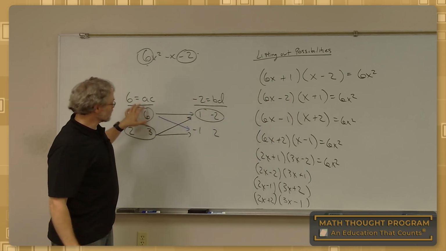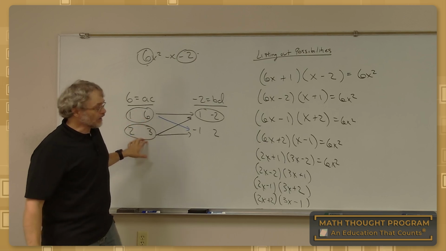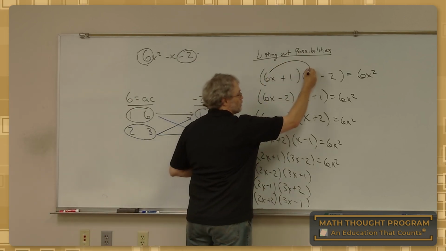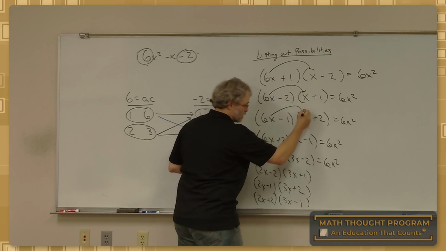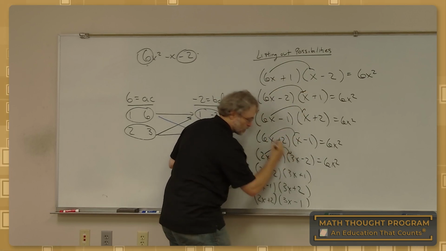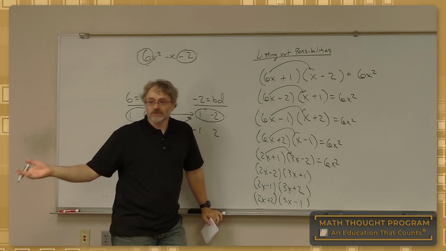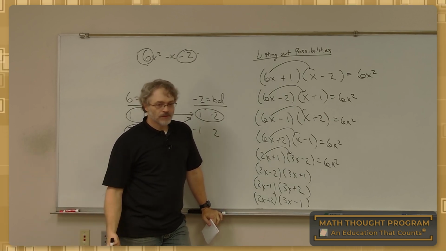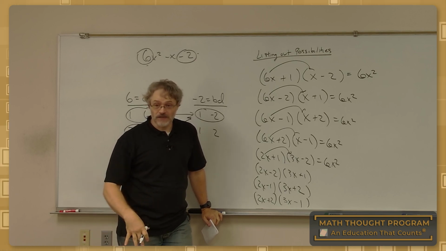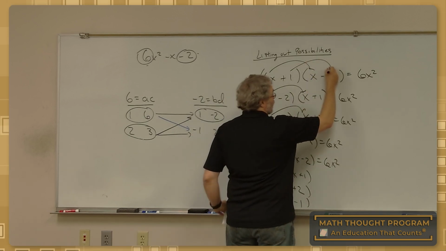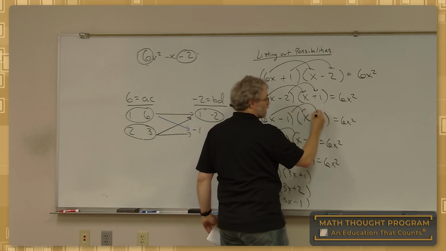If I use the factors for 6, whenever I expand out, I'm always going to create a 6. Okay, that's trivial. There's not much there. And likewise, since I'm using the factors for negative 2, when I expand out, I'm always going to get a negative 2 out of it.